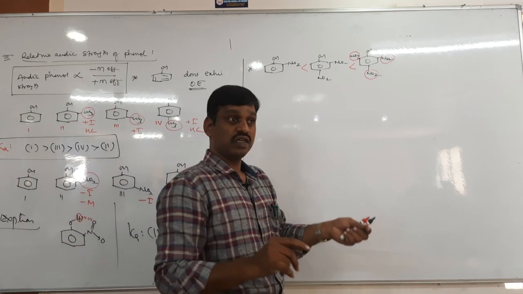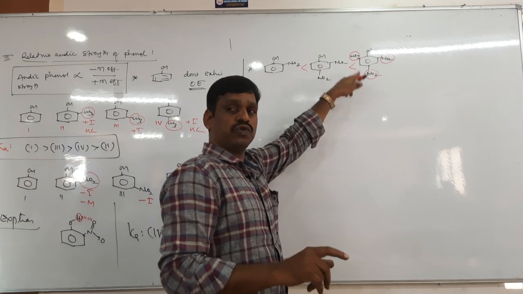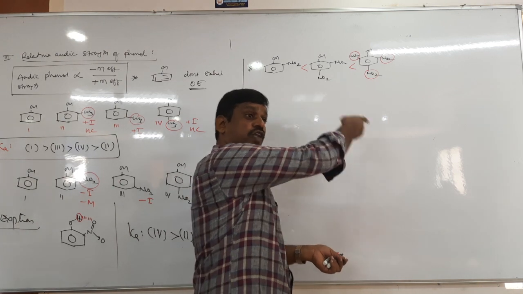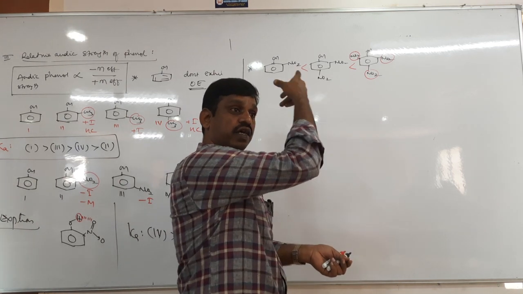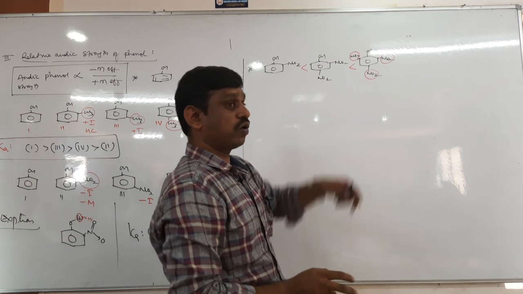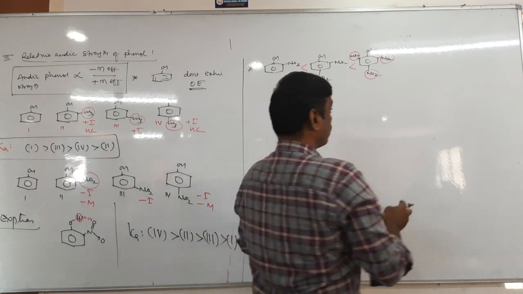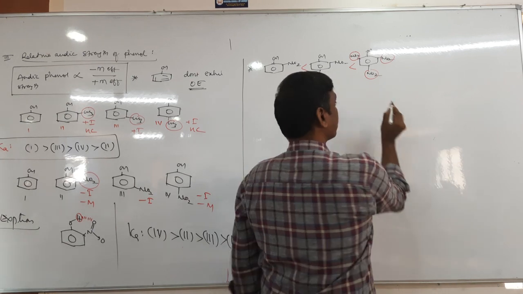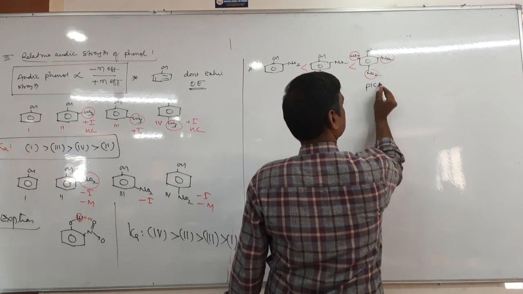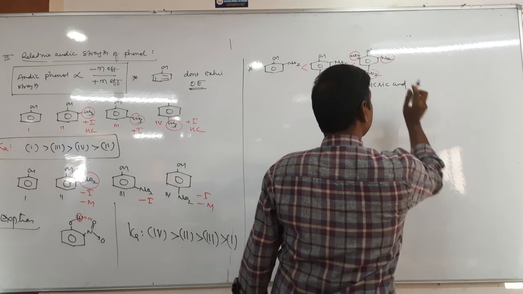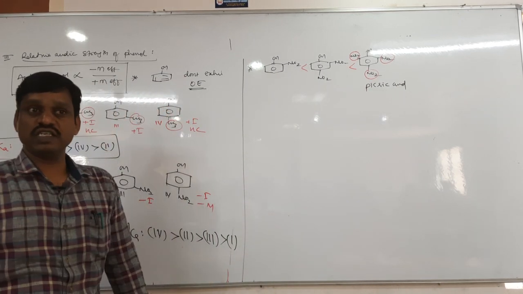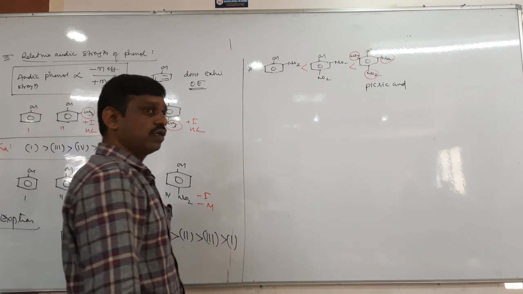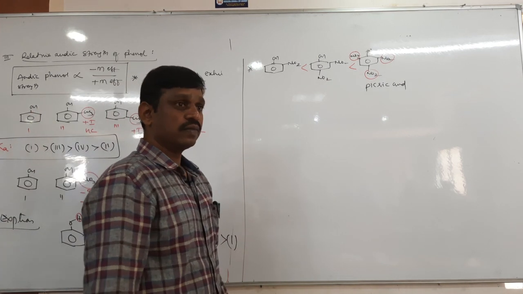So you can imagine, even though it is an organic acid, usually organic acids are weak acids, that too phenol, right? It is more and more acidic because of 3 nitro groups, and it has a commercial name also. Anybody? Picric acid. 2,4,6 trinitrophenol is called picric acid. It was given once in a board exam.